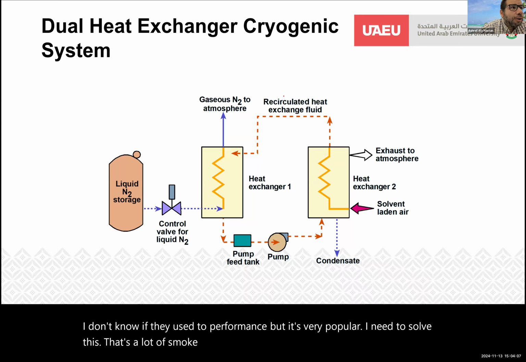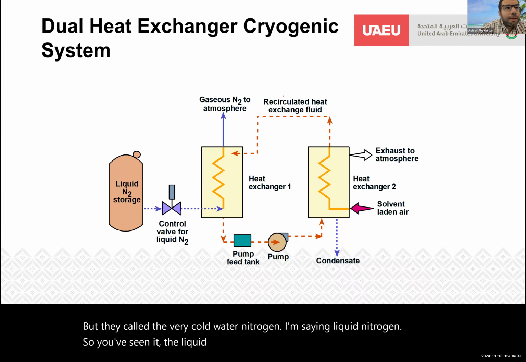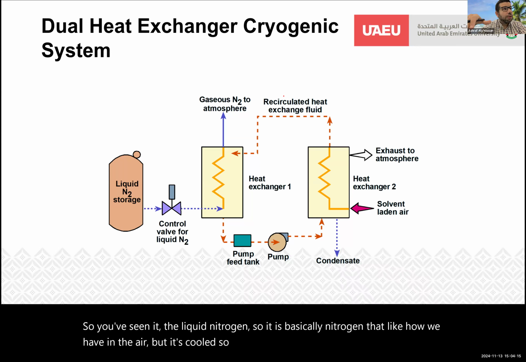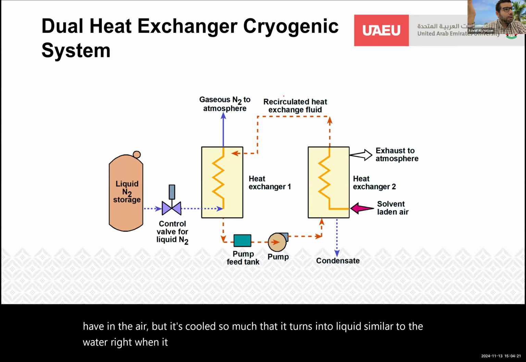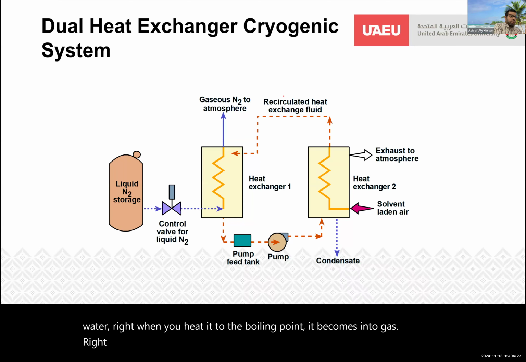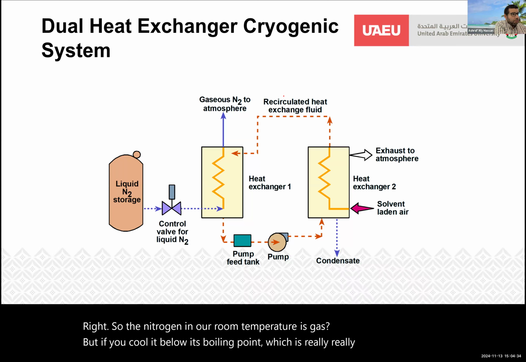It is basically nitrogen, like what we have in the air, but it's cooled so much that it turns into liquid, similar to water, right? When you heat it to the boiling point, it becomes gas. So nitrogen at room temperature is gas, but if you cool it below its boiling point, which is really, really low, it turns into liquid.